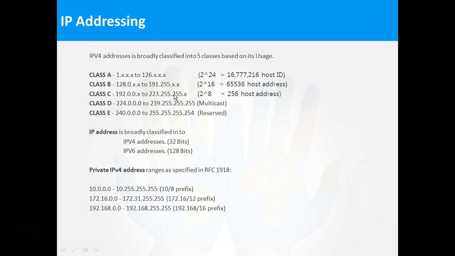This network portion and the host portion we cannot change. If I consume a class B range of addresses, the network portion is 128.0 and the host portion is x.x. Host means it is reserved for defining your computers, devices or network elements.